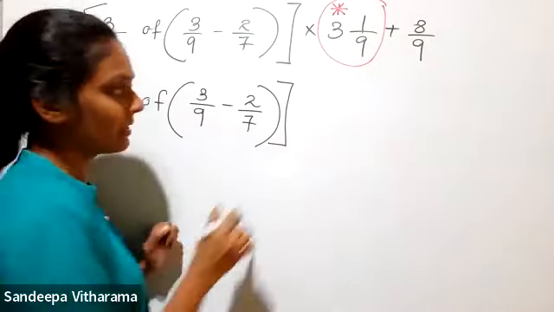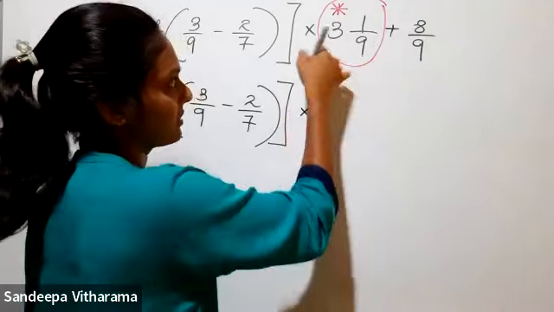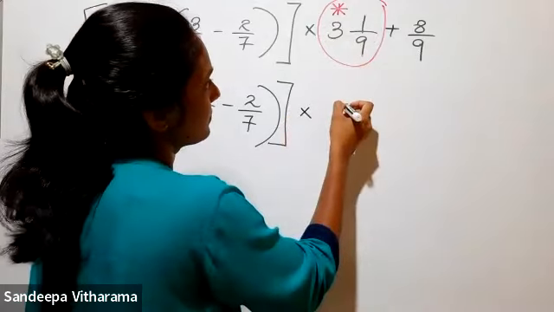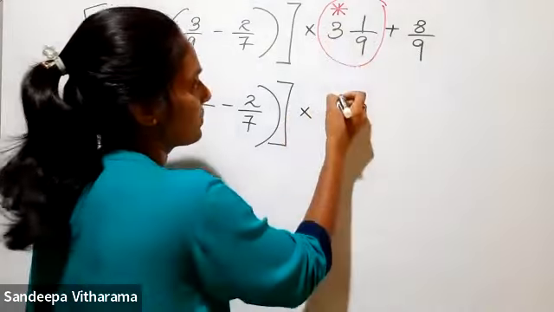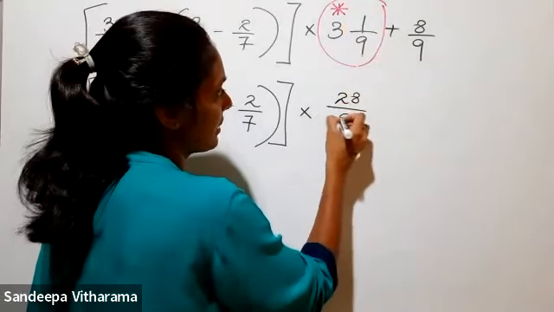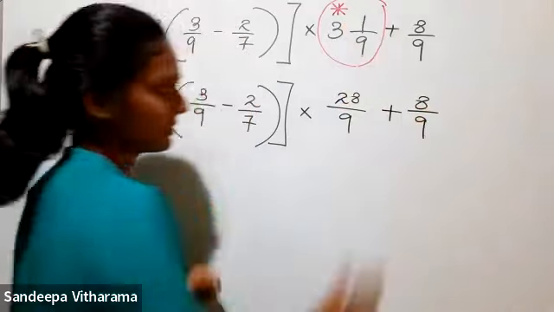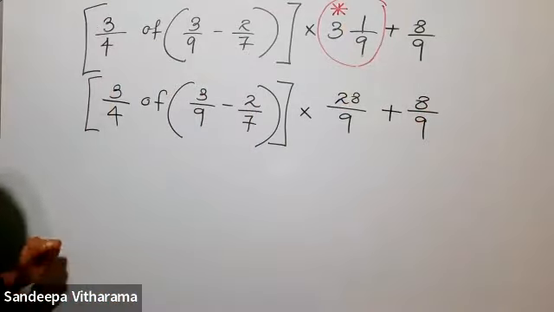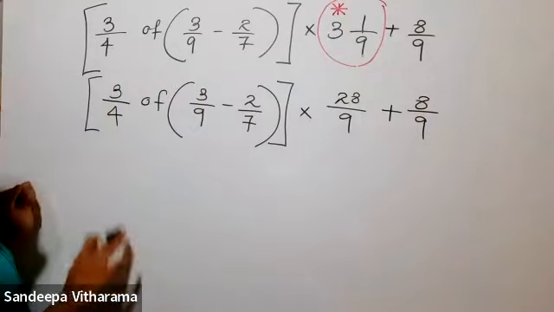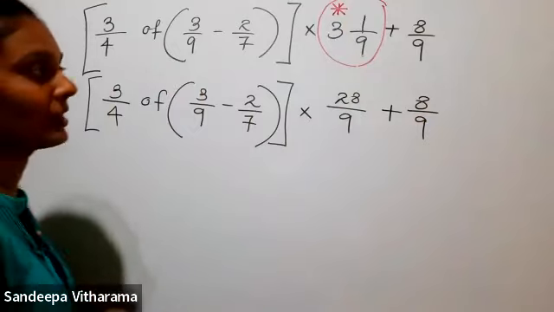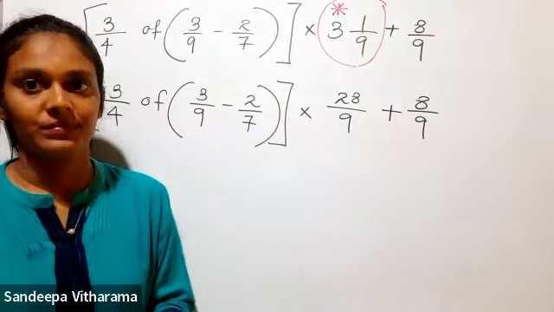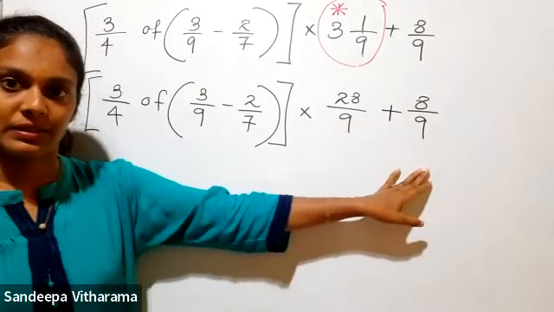Okay, so then after convert, 9 into 3, 27 plus 1, it is 28 upon 9 and 8 upon 9. Okay, so then after, now what you have to do? දැන් අපි මොකද්ද මුලින්ම කරන්නේ? දැන් අපි mixed number එක improper fraction එක කරගත්තා.